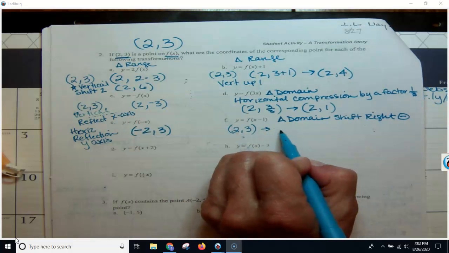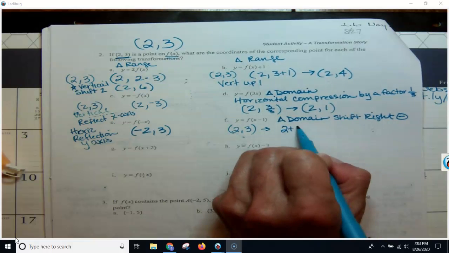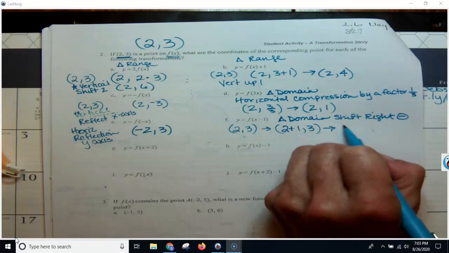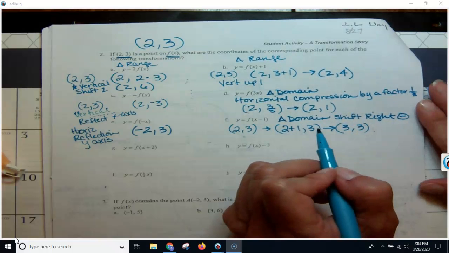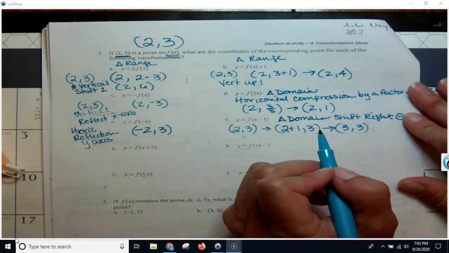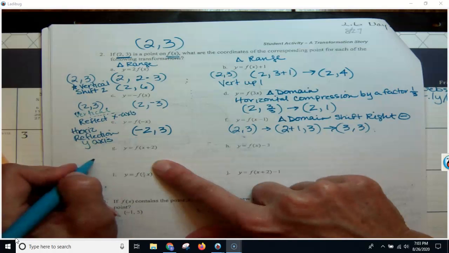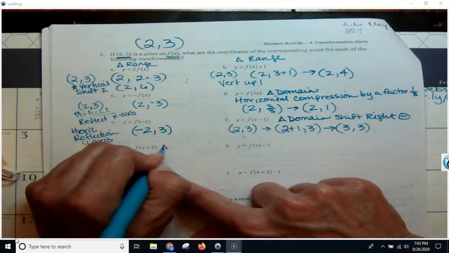Well, let's just do this. Okay, so we're going to take our domain and we're going to say 2 plus 1 is 3, which will give me 3, 3. Okay, and now we've got this one, which is going to be another change in the domain.